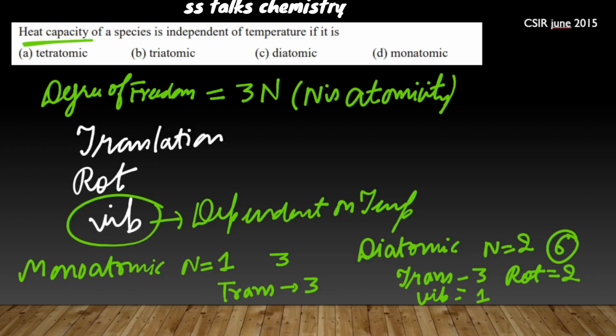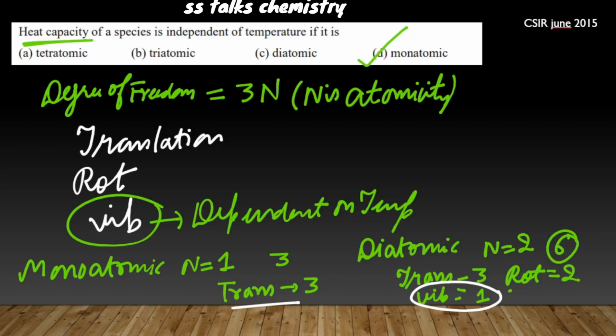This vibrational degree of freedom, you can see the contribution starting in the diatomic gases. So here the dependency will be there on the temperature, whereas for the monatomic gases, no vibrational degrees of freedom we are having, that means no dependency on the temperature. So it is in the monoatomic gases that the heat capacity is independent of the temperature.